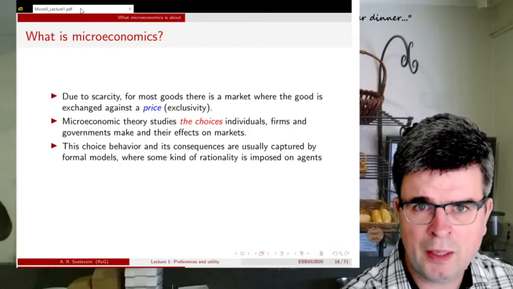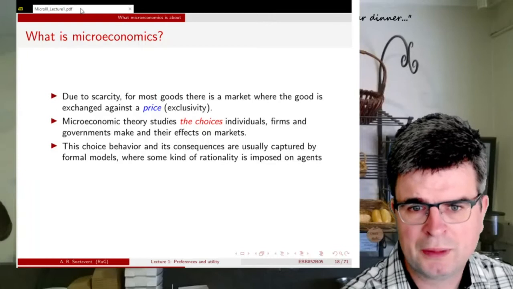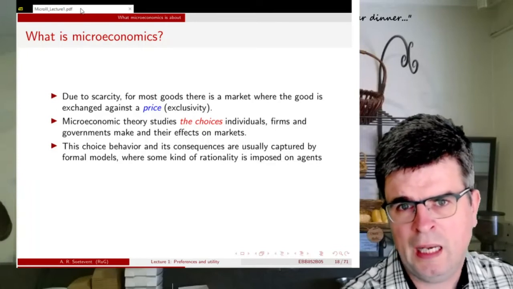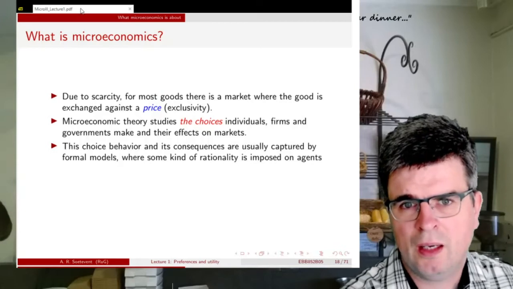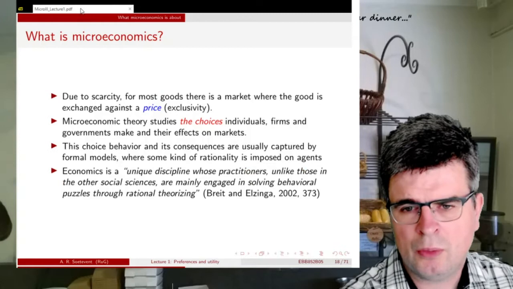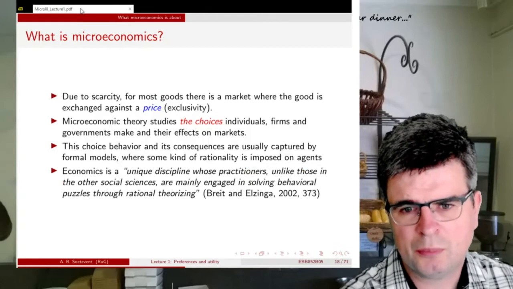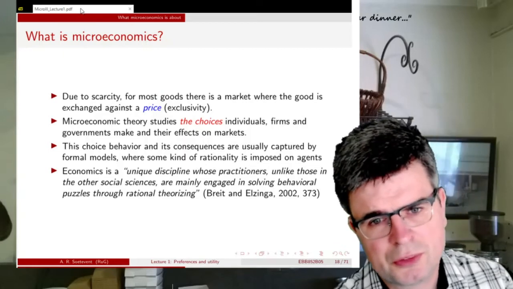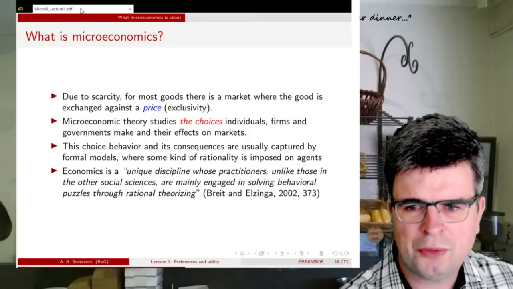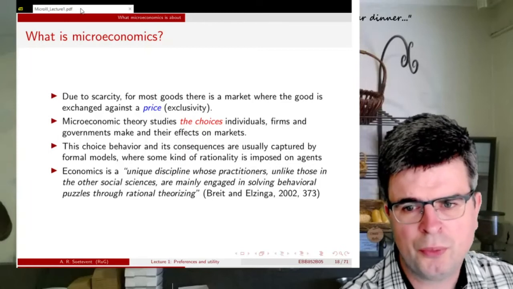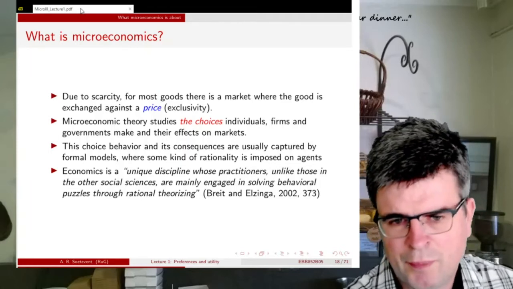And we do so by formulating models where we impose some kind of rationality onto the agents. So this makes economics what Breit and Elzinga call the unique discipline whose practitioners, unlike those in the other social sciences, are mainly engaged in solving behavioral puzzles through rational theorizing.